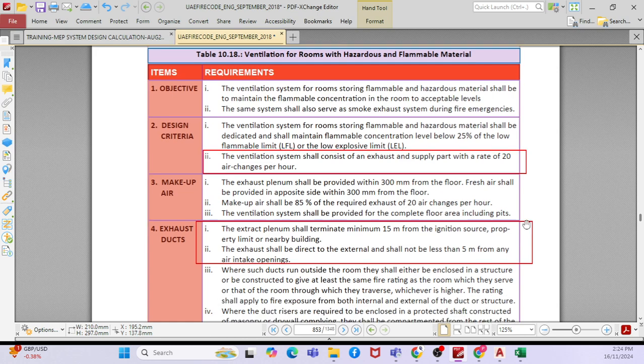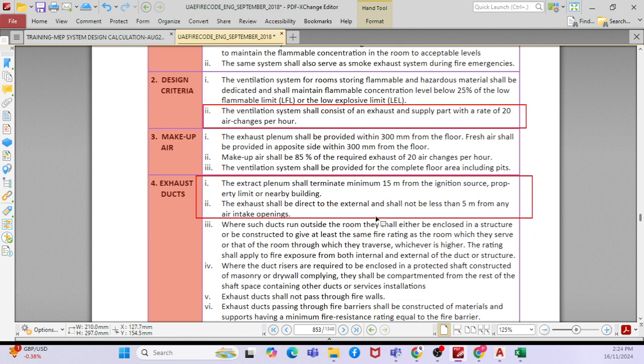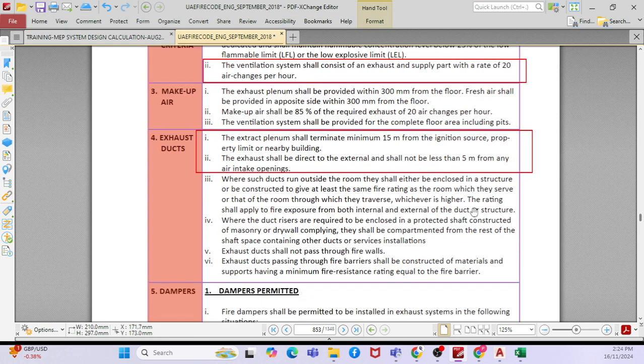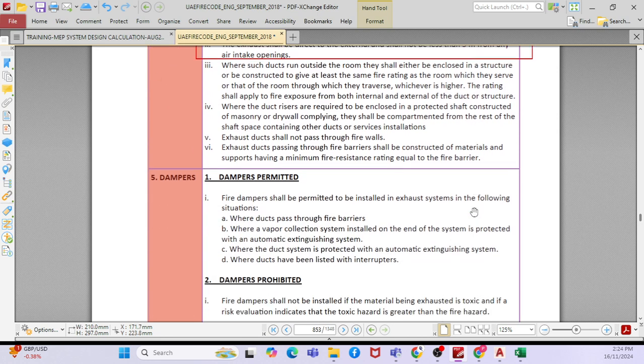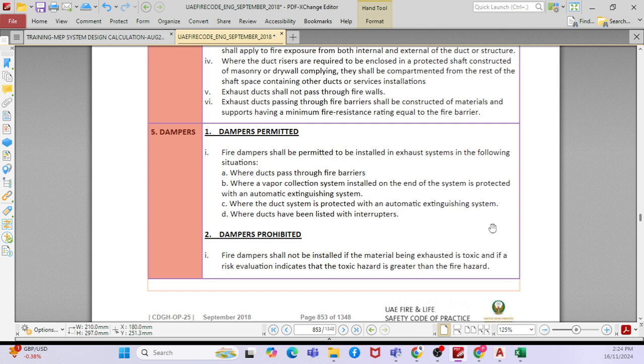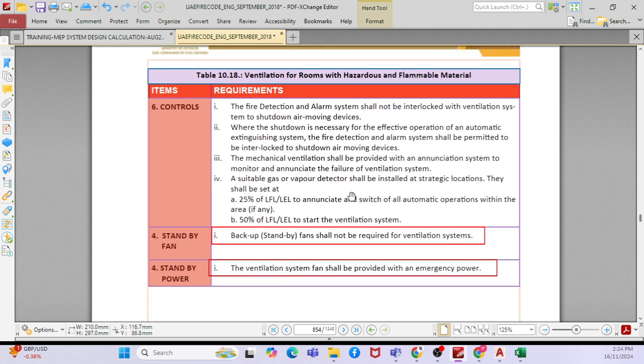The duct is normally fire rated, and this standard will be reflected again and again. The makeup and exhaust shall not be kept closer than 5 meters. Fire dampers are prohibited.